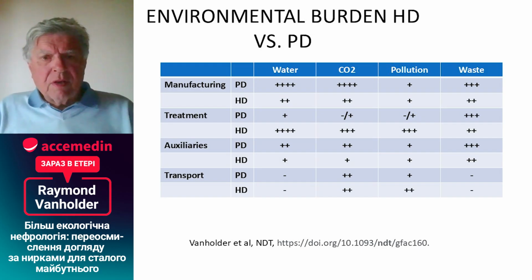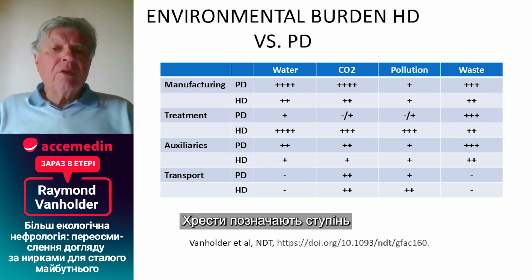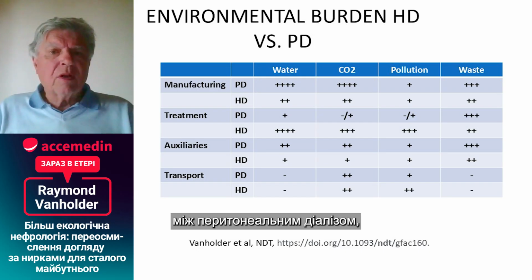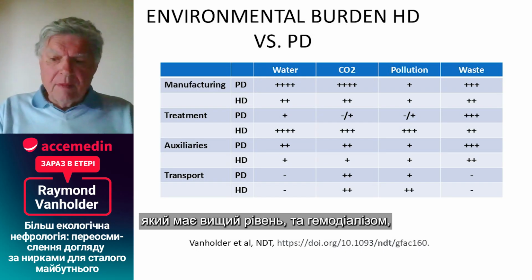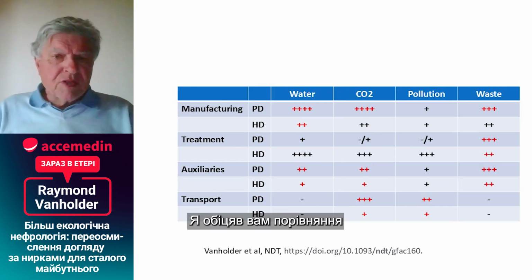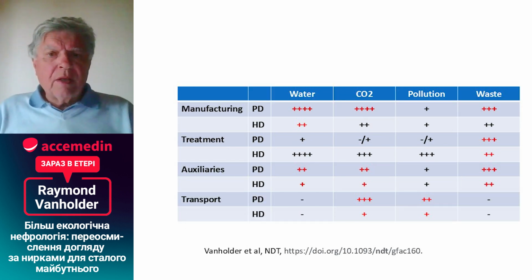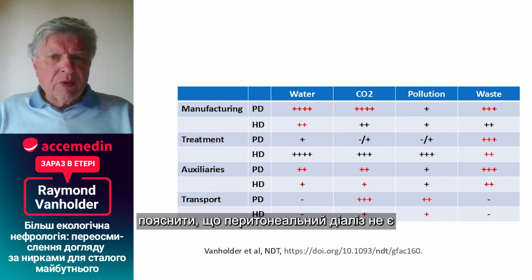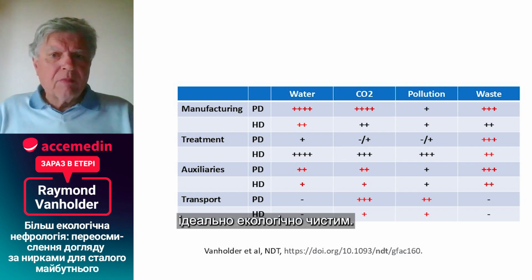The crosses are giving the severity of the environmental burden, and the comparison is each time on peritoneal dialysis above and hemodialysis below. And I have promised you that I would give you a comparison between hemodialysis and peritoneal dialysis to explain that peritoneal dialysis is not perfectly environment friendly.